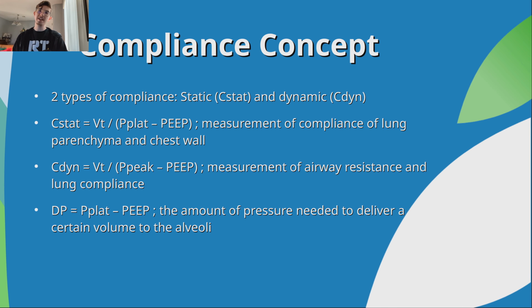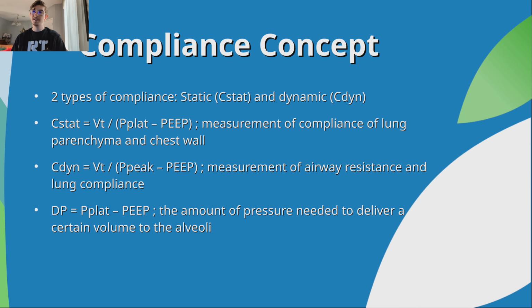Basically, how easy it is to fill the lungs, how much pressure you need for a given unit of volume. And dynamic compliance is tidal volume divided by peak pressure minus PEEP. This is basically a measurement of airway resistance and lung compliance combined, right?